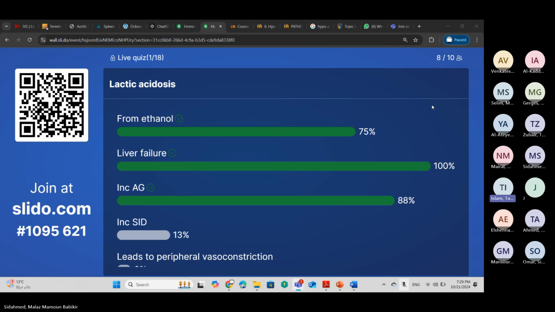This reduced NADH would increase the metabolism of pyruvate to lactate. So essentially there's increased lactic acid production, and greater lactic acid means lactic acidosis. If this is clear, we can move on to the next question.